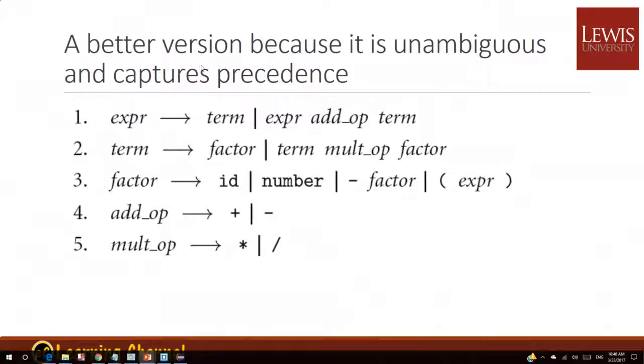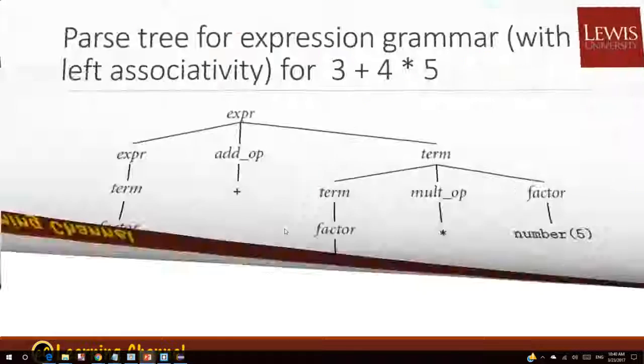Then we need to modify the context-free grammar into this, so that the add operator and multiply operator, add operator means plus and minus, multiply operator means star and division, multiplication and division, and these two need to have precedence so that you can avoid the ambiguity.